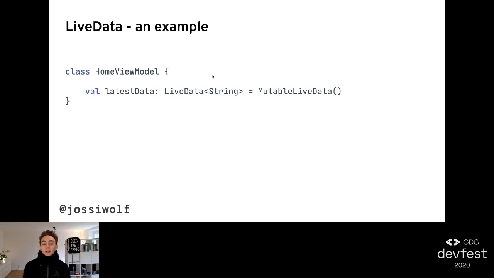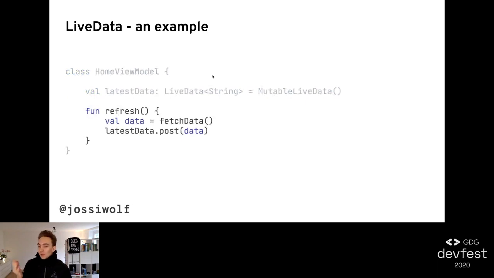If you just had a LiveData like that, it's not mutable, so you couldn't change the value, which makes sense if you have the value up front, but if you're waiting for some data to be loaded, that doesn't make sense. So what you can then do is fetch some data or do whatever asynchronously, and then you can post that value to the LiveData.